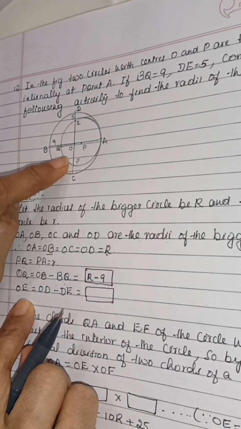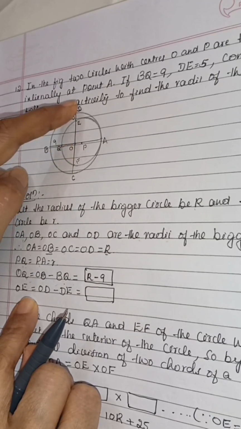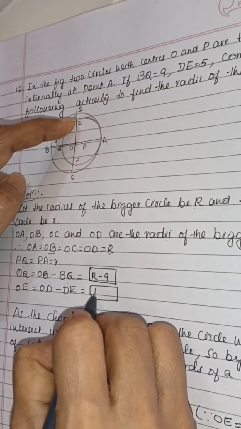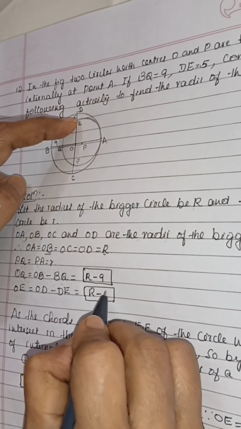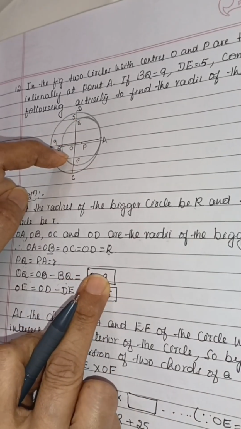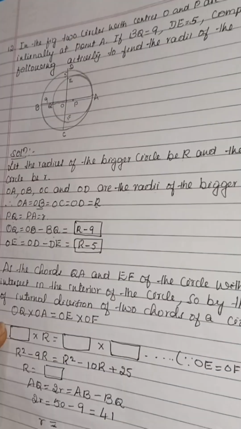Similarly, OE is equal to OD minus DE. OD is R, and DE is 5. So OQ is the radius of the larger circle minus 9, and OE is the radius of the larger circle minus 5.